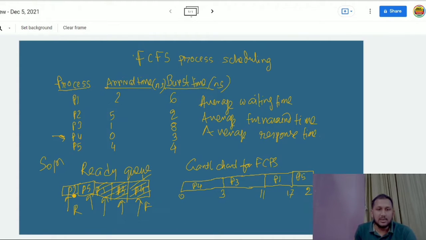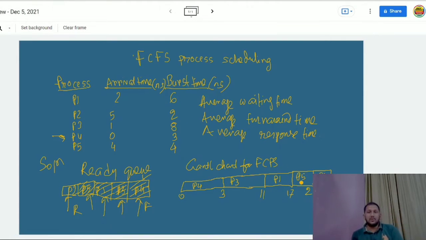And finally, the last process is P2, and the burst time of P2 is 2, that makes 23. The total time is 23.